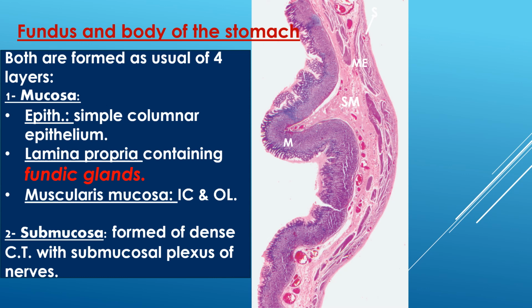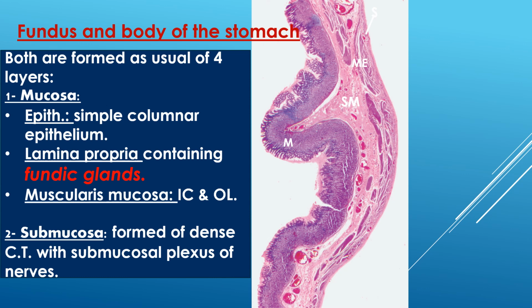After that, we have loose connective tissue containing blood vessel, nerve, and lymphatic, which is called lamina propria. Lamina propria here contains an important structure which is called fundic gland. The third layer of the mucosa is the muscularis mucosa, which is formed of inner circular and outer longitudinal smooth muscle fiber. After mucosa, we have submucosa.